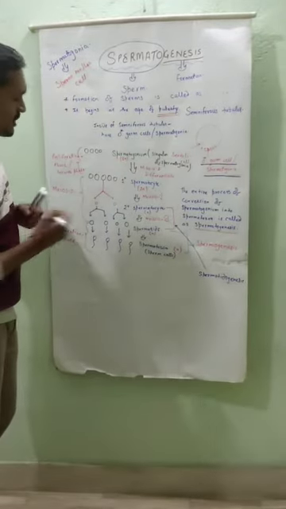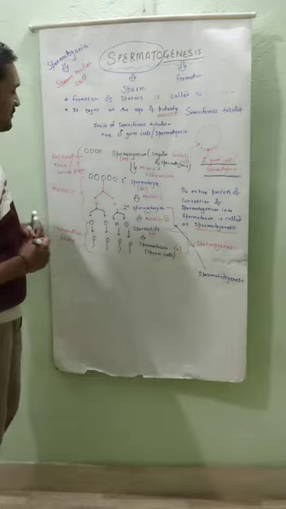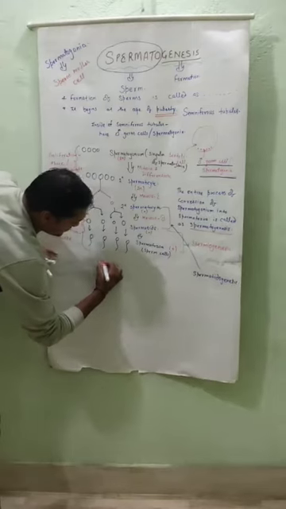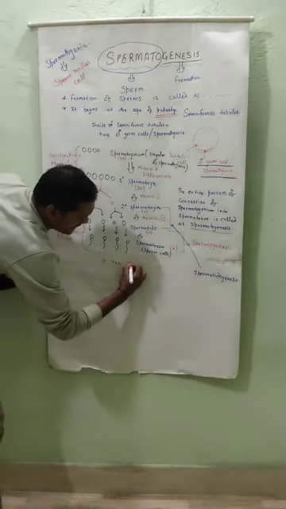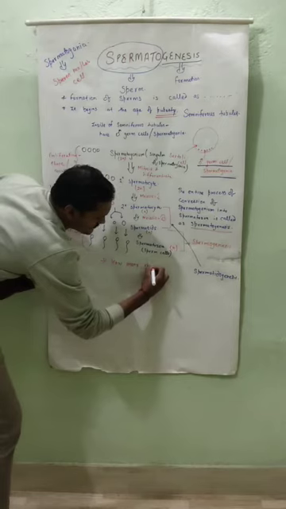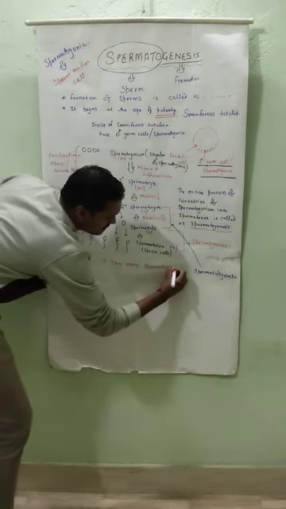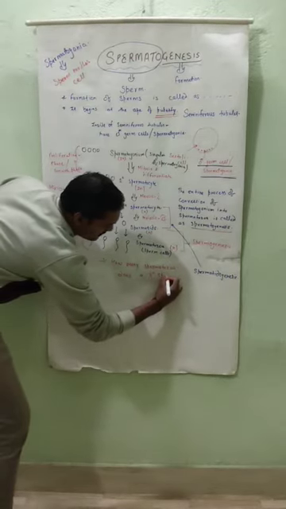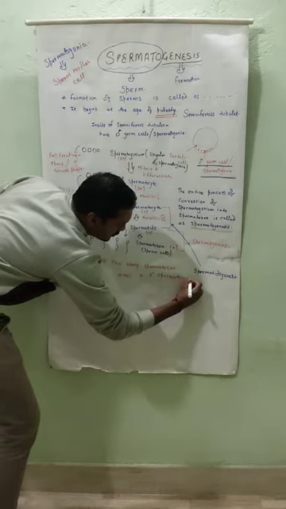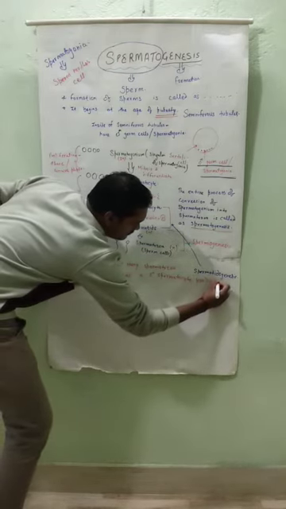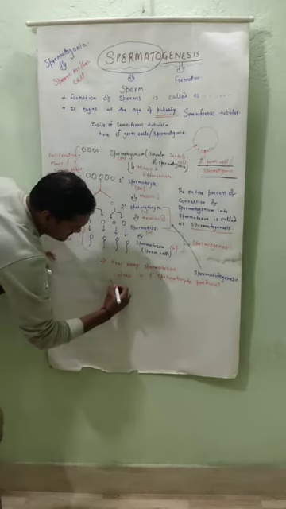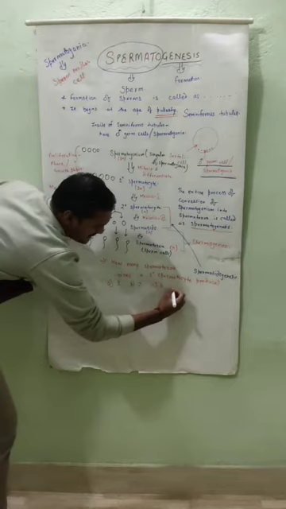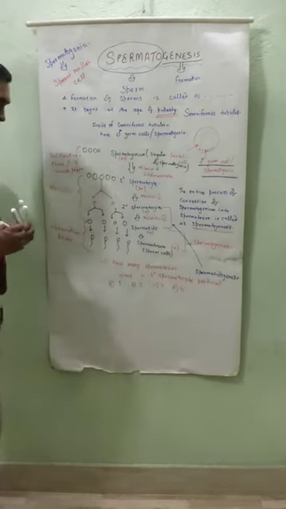So there can be a question. How many spermatozoa does a primary spermatocyte produce? The options are A 1, B 2, C 3 and D 4.